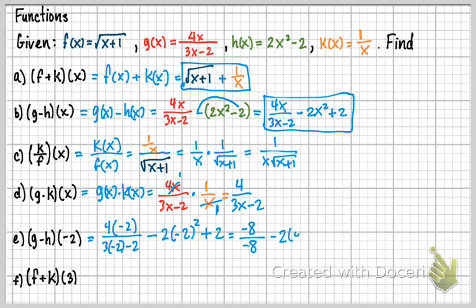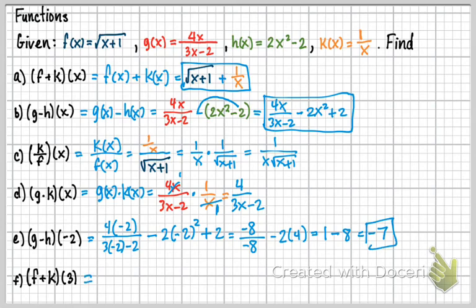So that's going to be a 4, because negative 2 times negative 2 is 4. Negative 8 over negative 8 is 1. So 1 minus 8, because 2 times 4 is 8. And then that's going to be negative 7. So I actually get a value for this one. All the other ones were functions because they didn't plug in anything for x. So when I start plugging in values, I should get single numbers for this.